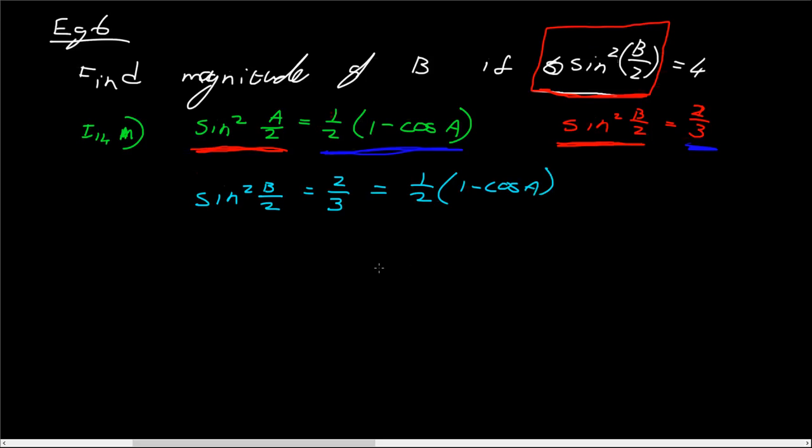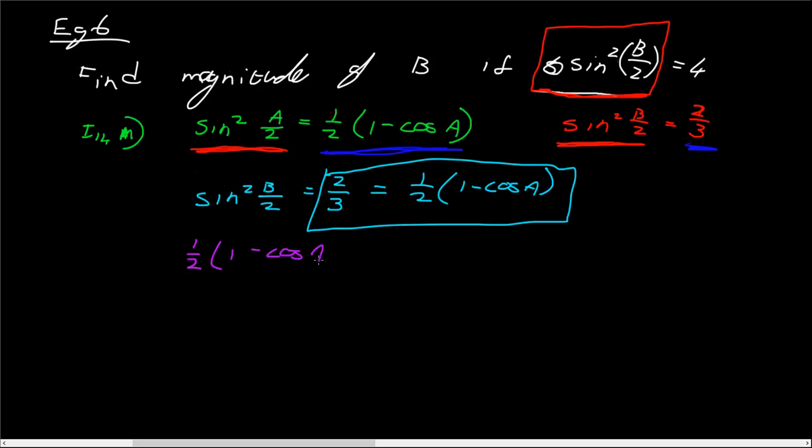Alright? So let's use this part of the equation, because we only need one equal sign, we don't need two. So let's carry on. 1/2 of 1 minus cos a is equal to 2 over 3. Okay, so let's just start simplifying that until we can solve for a.